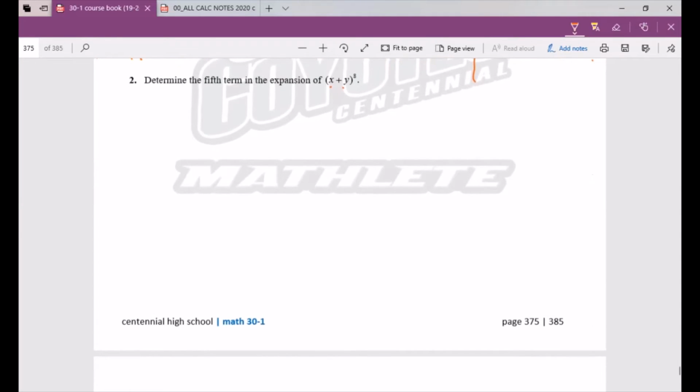Determine the 5th term in the expansion. So we are wanting T5. We're wanting to find our 5th term. That means that k is equal to 4, right?